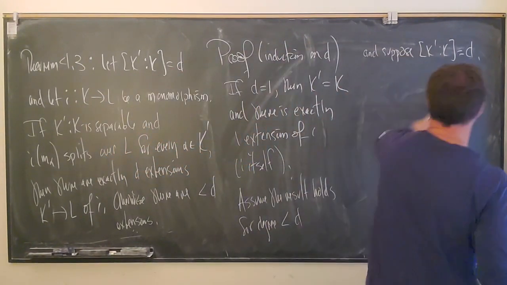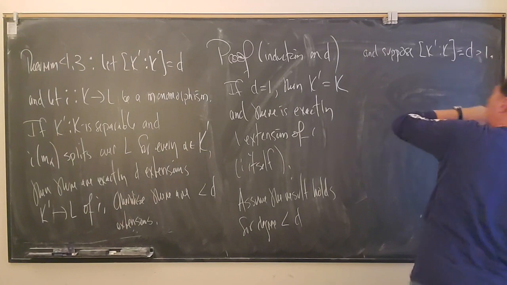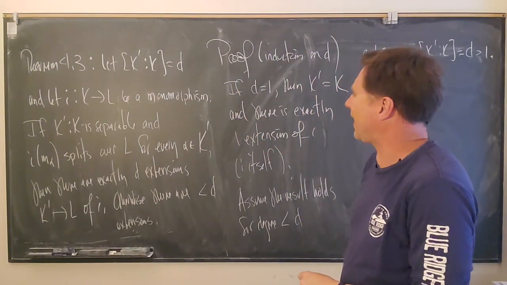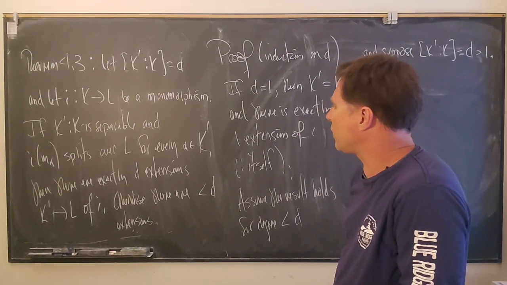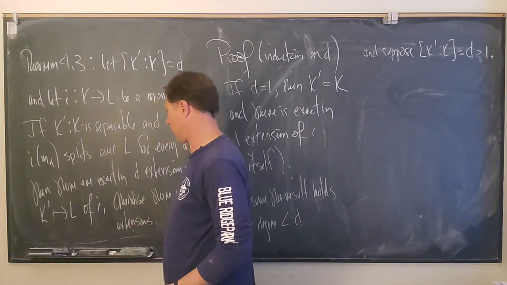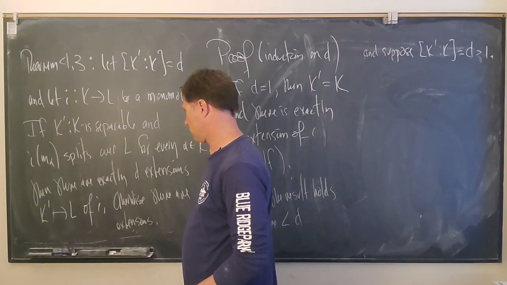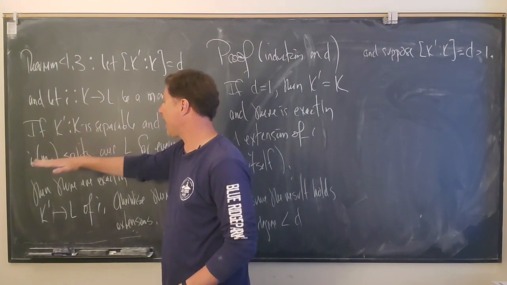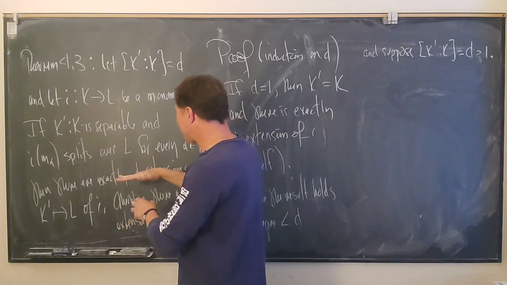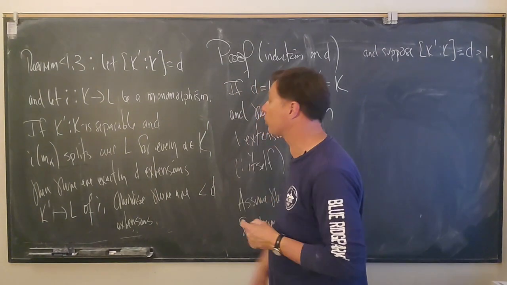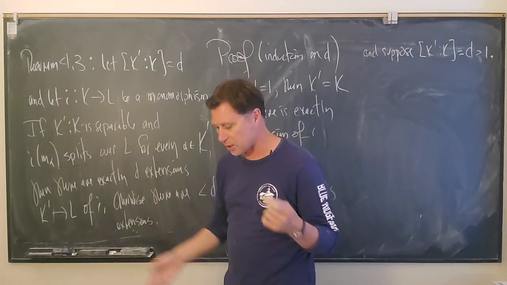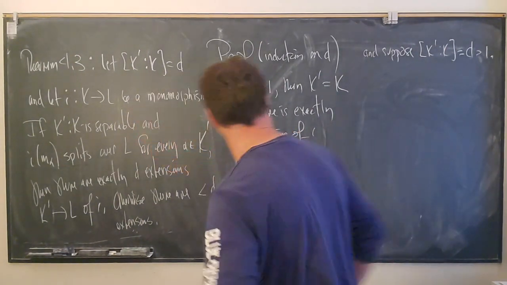And here, let's be degree d greater than 1. Now, I don't know if case 1 and case 2 is right. What I want to do is prove that when these hypotheses are satisfied, so we've got separable and that it splits over L for every alpha, then I want to prove the exactly d extensions part. I also want to prove that when the hypotheses are not satisfied, there's less than d extensions. So I'm going to consider the two cases. I'm going to write them as case 1 and case 2.